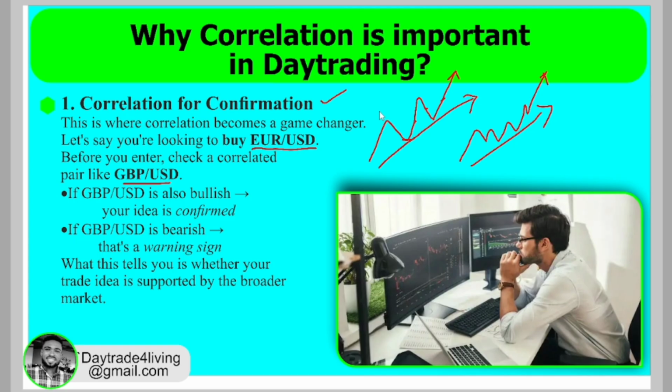But if Euro USD is trending upwards and the Pound USD is rather ranging like that, it gives you a red flag. Be careful, because both pairs are not correlating, which they are supposed to do. They are not moving in the same direction, so it is a red flag to wait for the right timing for them all to move together. So correlation helps in confirming our trades and trends, to make sure that we are trading the best trend.